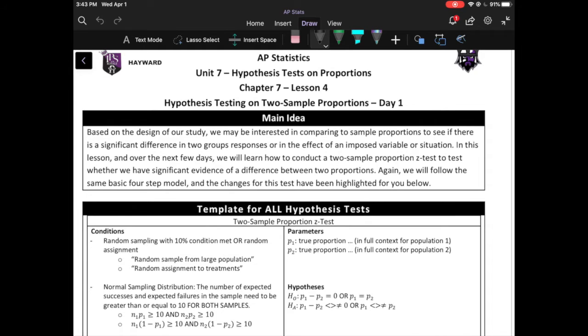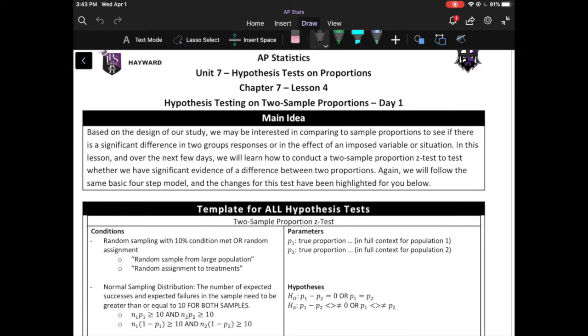In this video, I'm only going to go over the notes and the model problem. I'm going to upload pictures of the practice problem and make a separate video that is optional for you to watch if you feel like you need me to explain the problems to you. You're not required to watch that video, but it is helpful if you don't understand what's going on. So let's go ahead and get started.